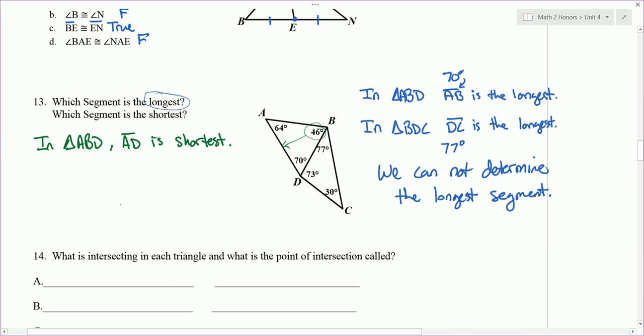In triangle DBC, the smallest angle is 30 degrees, and so DB is the shortest length.